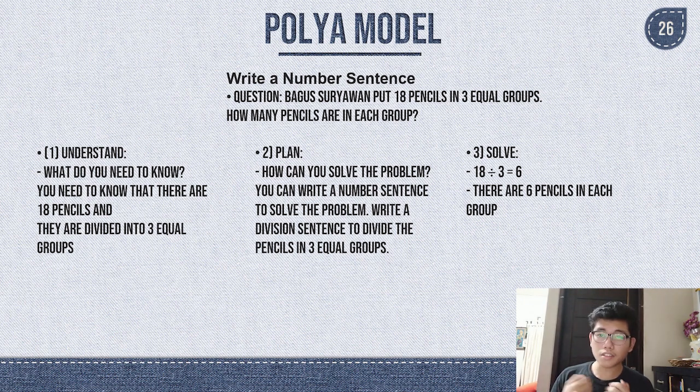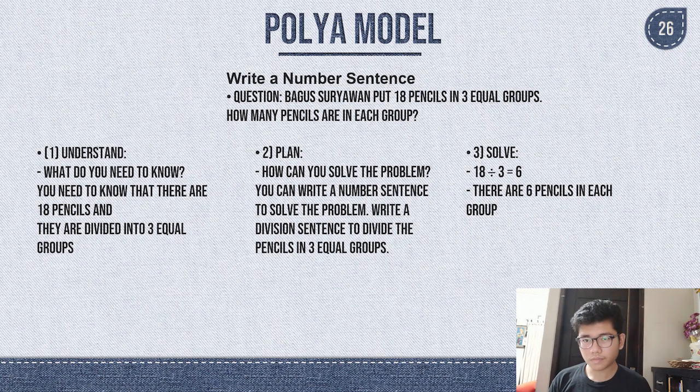Let's talk first about understand. What do you need to know? You need to know that there are 18 pencils and they are divided into 3 equal groups. After understanding the problem, we need to make a plan, and the plan is how you can solve the problem. The answer is you can write a number sentence to solve the problem: write a division sentence to divide the pencils into 3 equal groups.